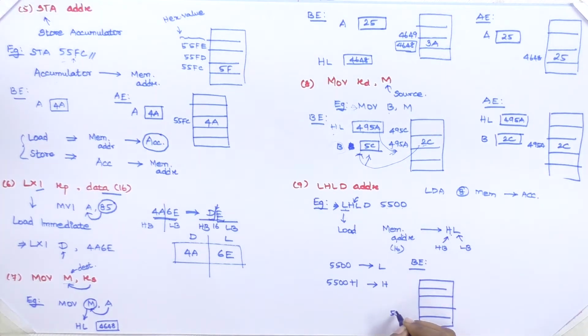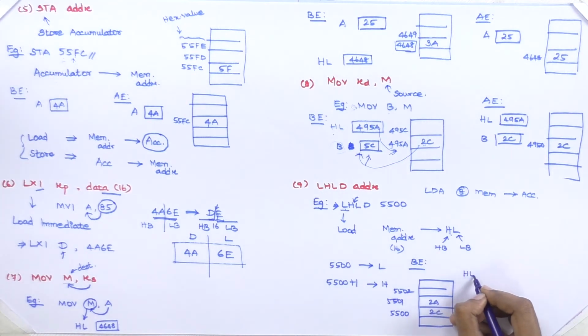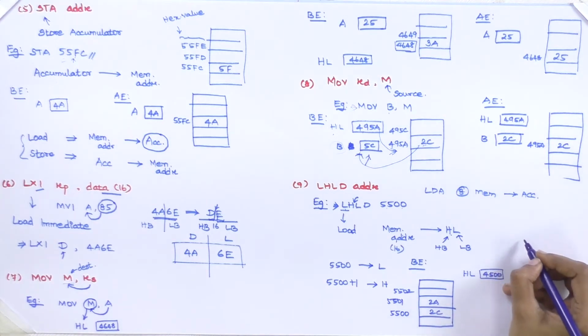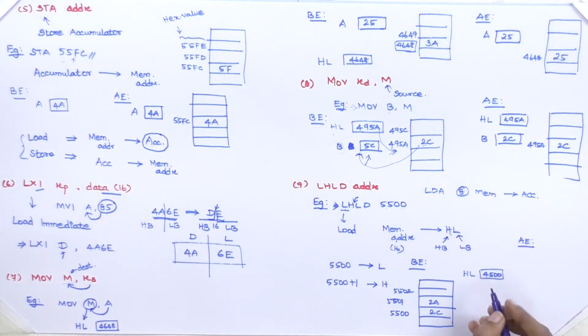The memory locations 5500, 5501, 5502 have the values 2C, 2A. Before execution, the HL register pair is having some other value, 4500.